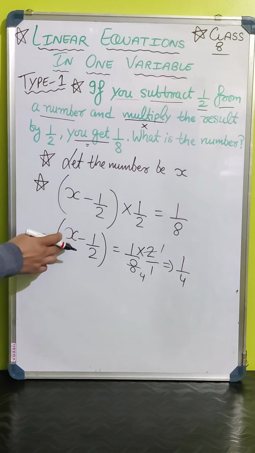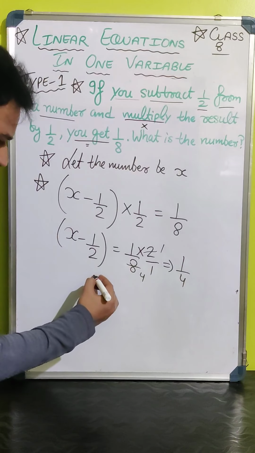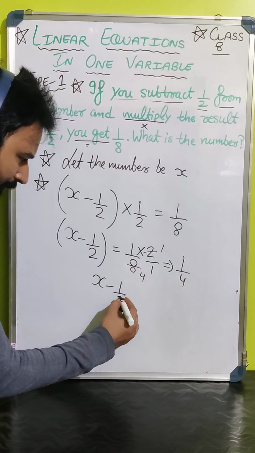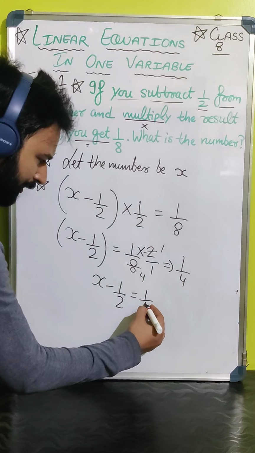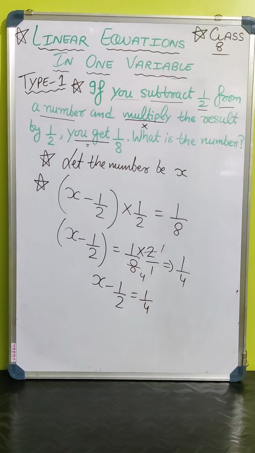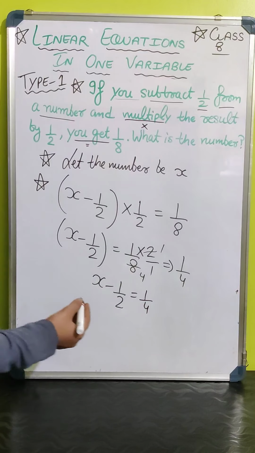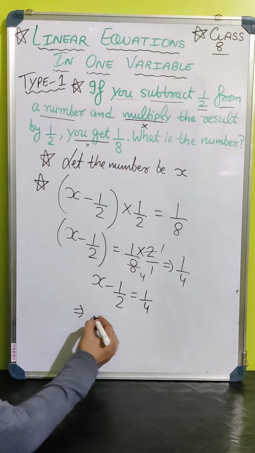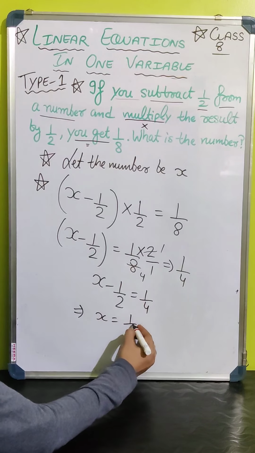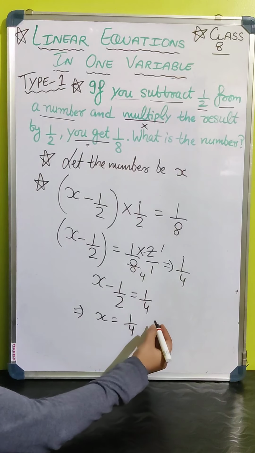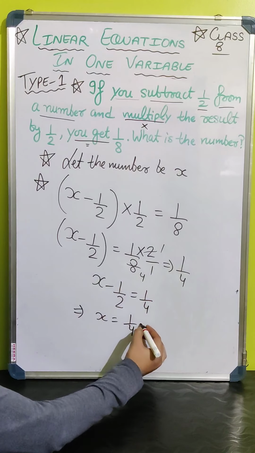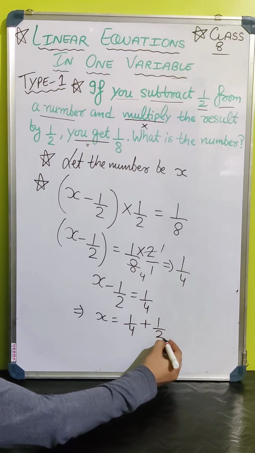Now the equation is x minus 1 by 2 is equal to 1 by 4. It is very simple. You have to find out the value of x only. So x is equal to 1 by 4, and the 1 by 2 goes to the right hand side with a negative sign and converts into positive 1 by 2.